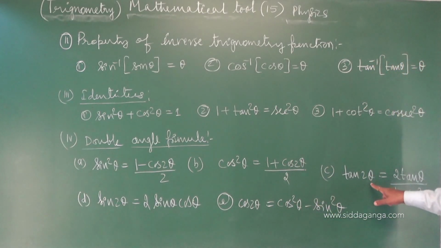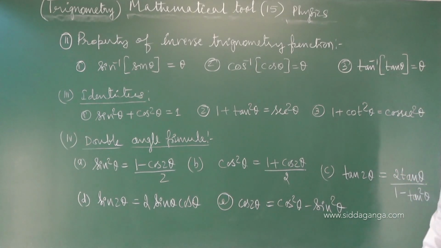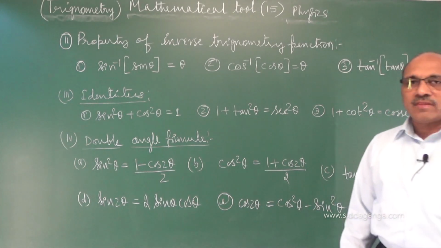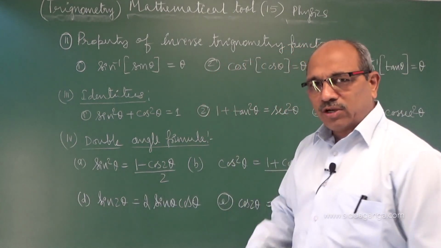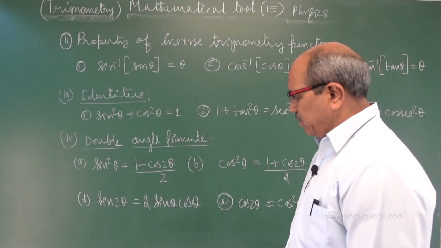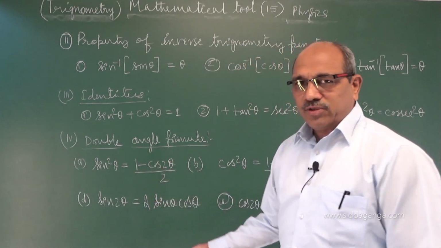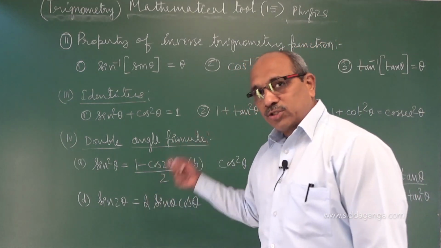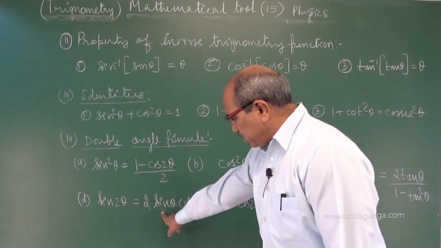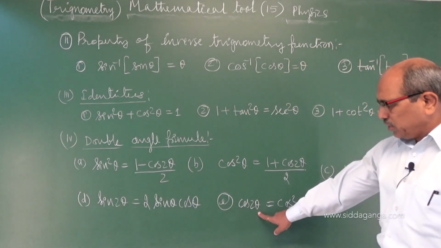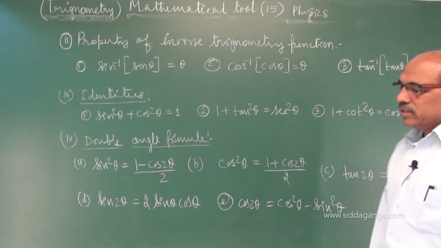And tan 2 theta is equal to 2 tan theta upon 1 minus tan square theta. Again you have to remember such things; sin 2 theta, you have to learn by heart and keep in memory. You cannot derive it every time, because you are also using it in the first year. Sin 2 theta is 2 sin theta cos theta. Again cos 2 theta is cos square minus sin square theta.